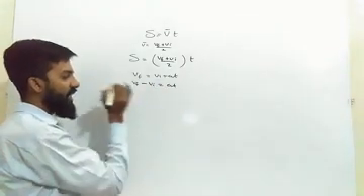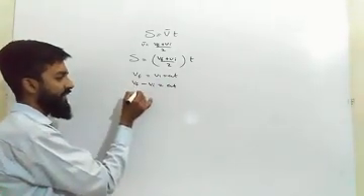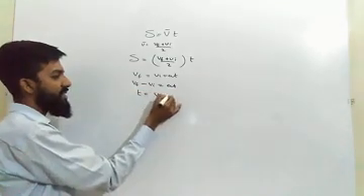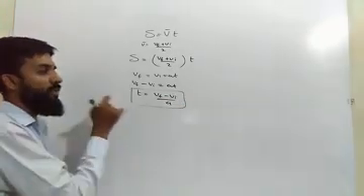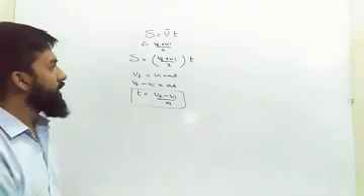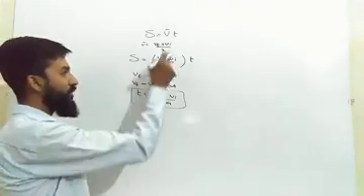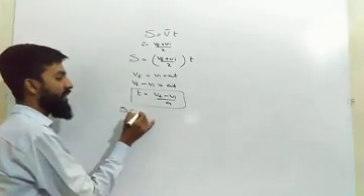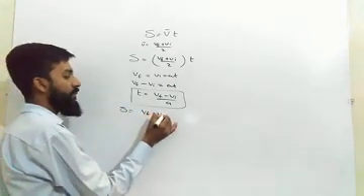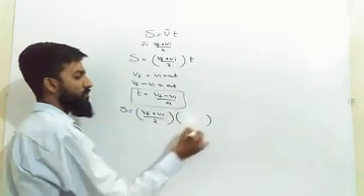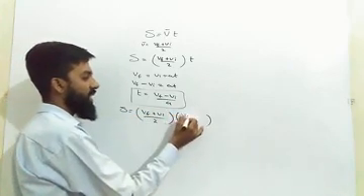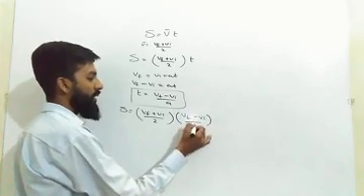Shifting a to the left hand side, t will be equal to Vf minus Vi upon a. By substituting the value of t in the above equation, we get Vf plus Vi divided by 2 into Vf minus Vi upon a.